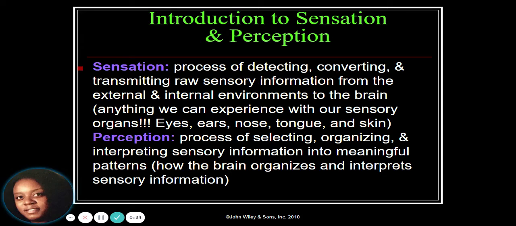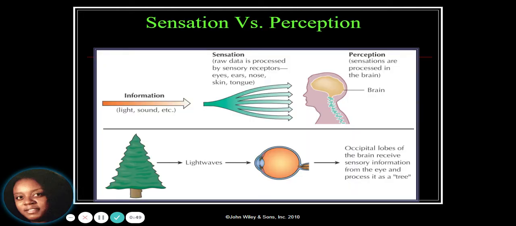Our perception is how we select, organize, and interpret the sensory information that's received from our brain. So first we have a sense, and then we perceive or make sense of what we just sensed.